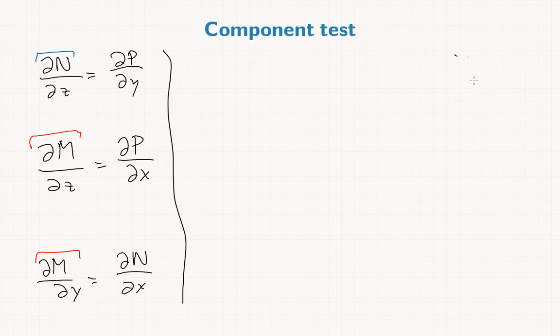So I'm going to abuse notation a little bit and write del equals del by del x i plus del by del y j plus del by del z k.